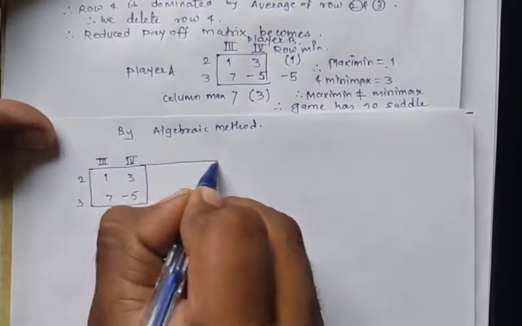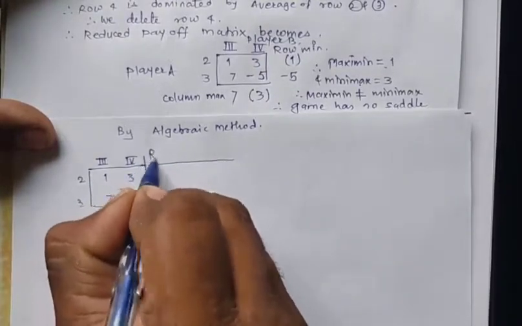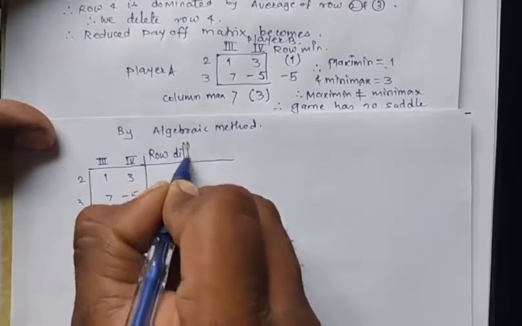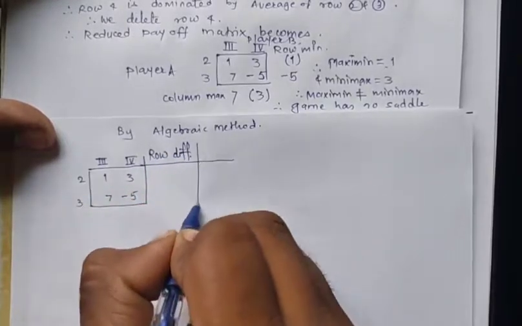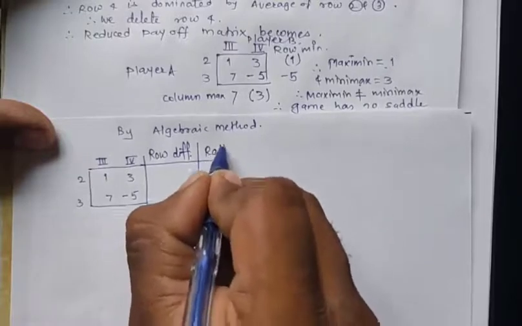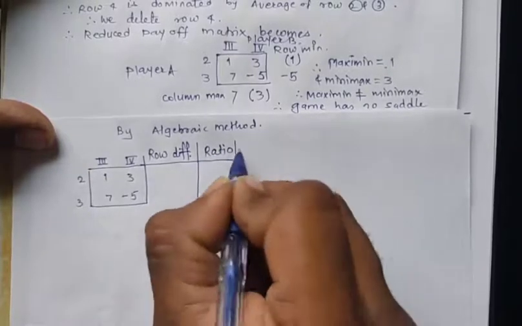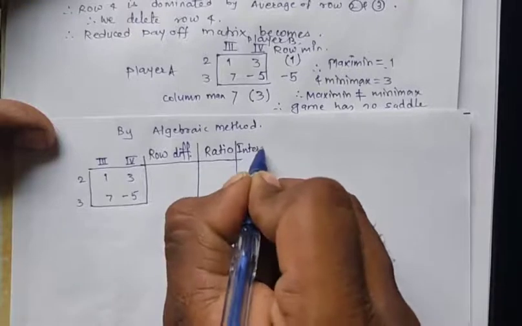So next is row difference, next ratio, and last is interchange ratio.